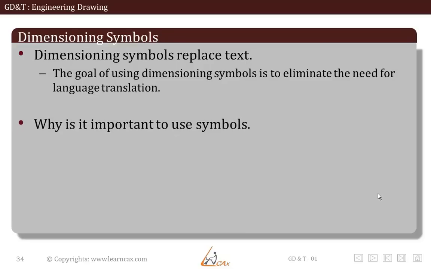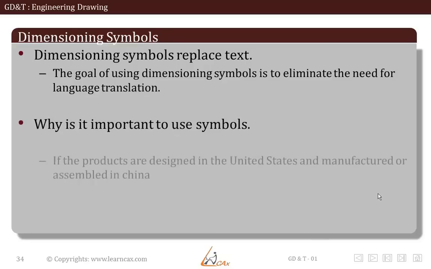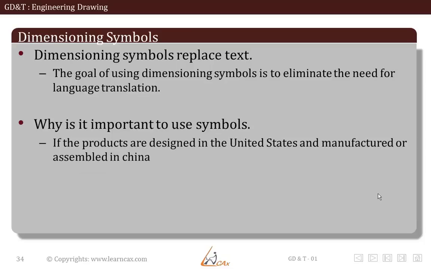Now let us understand why it is so important to use symbols. Let's take an example: say a product is designed in the US, hence the drawing sheet and the GD&T data must have been filled in using the English language.